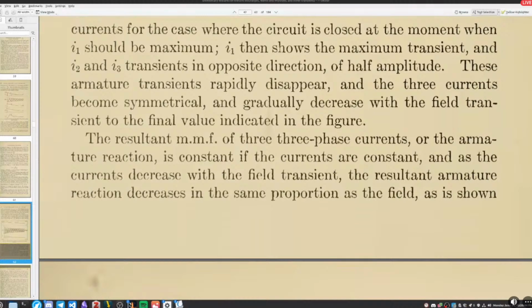The resultant m.m.f. of the three phase currents, or the armature reaction, is constant if the currents are constant.